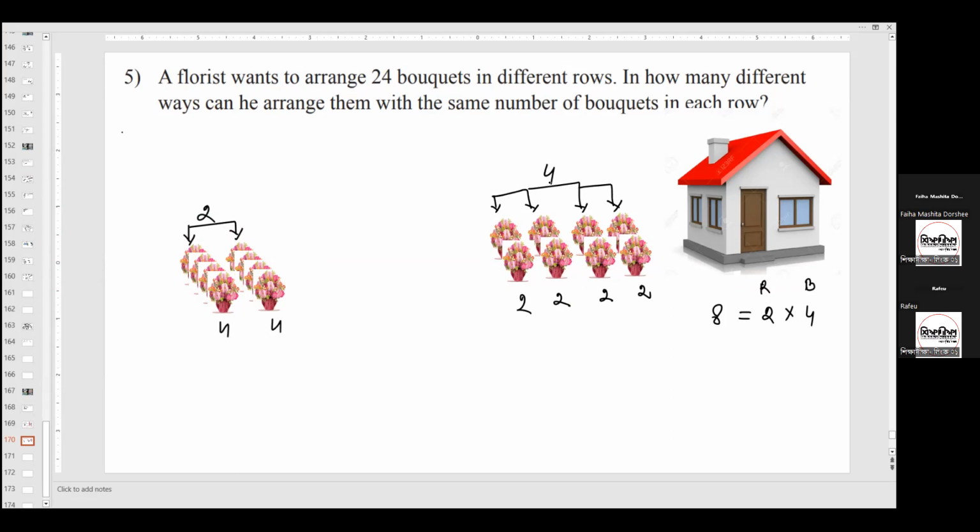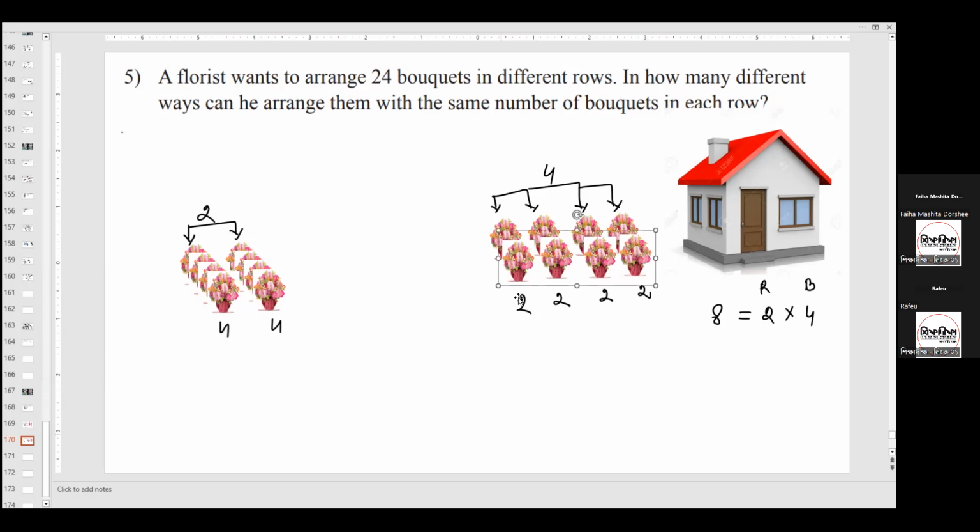I have 4 rows, but does it make any difference actually? I mean, these two patterns are different, right? So these are different ways. This is one way, this is another way, right? This is the way in which in each row the same number of bouquets are there, right? And this is another way where I have the same number of bouquets in each row.